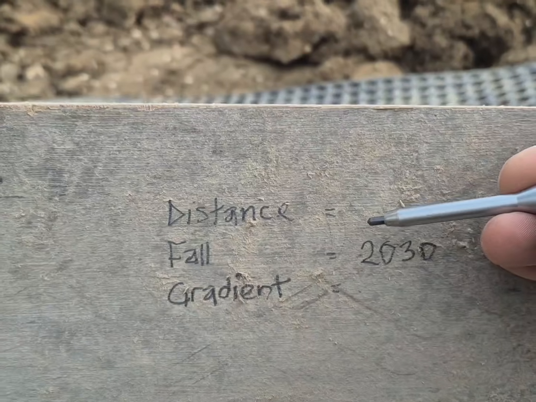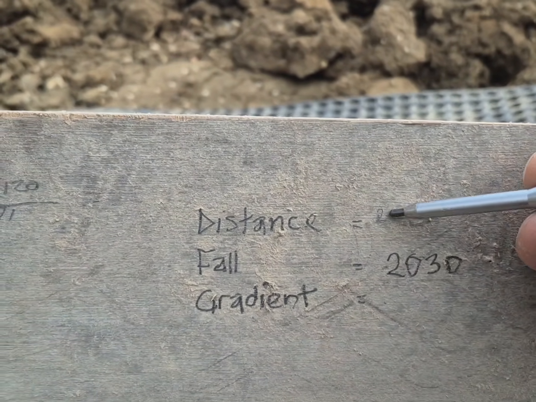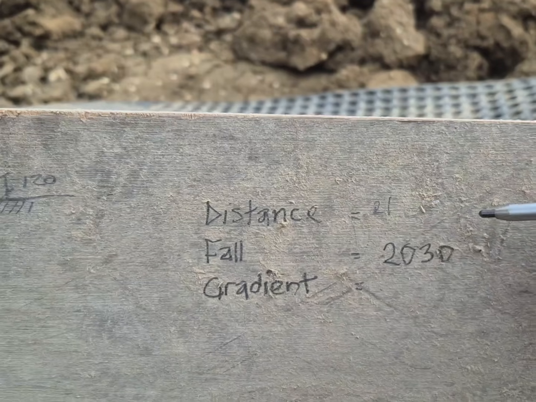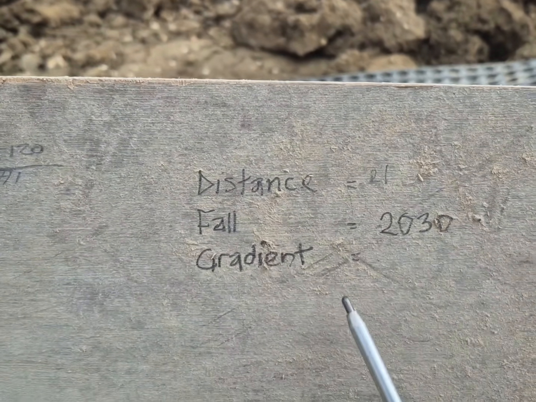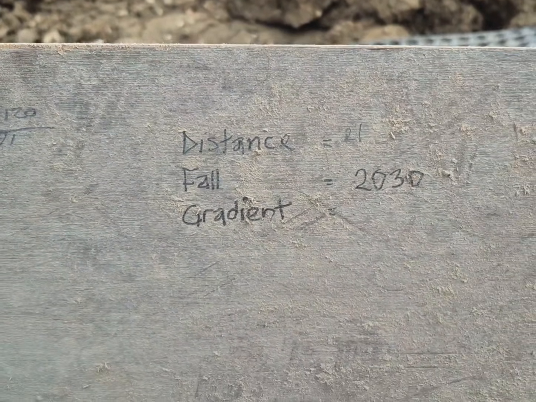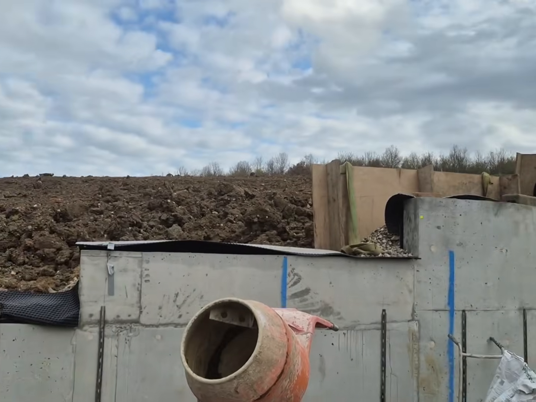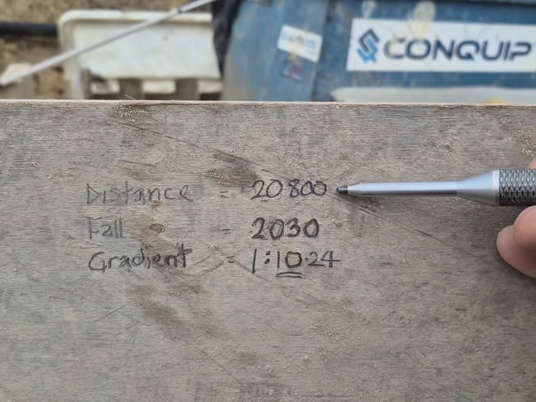I'm now going to double check the distance, because when I roughly did it I had like 21 meters, but I'm now going to do a proper one, and obviously with those two measurements I can then work the gradient out. So I've worked out the distance, and that came to 20 meters 800.